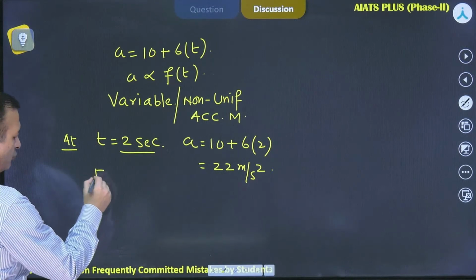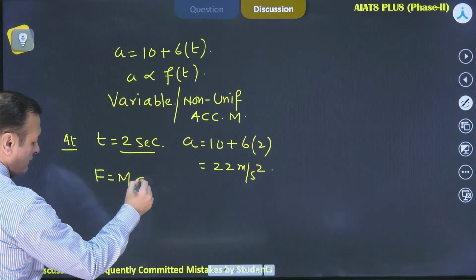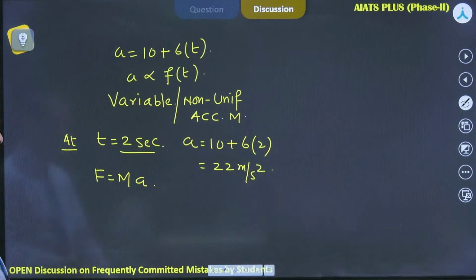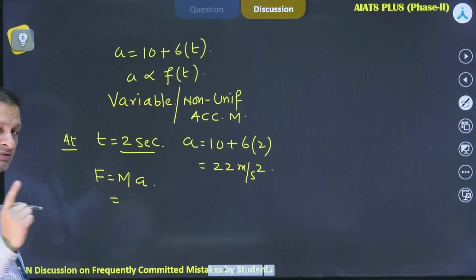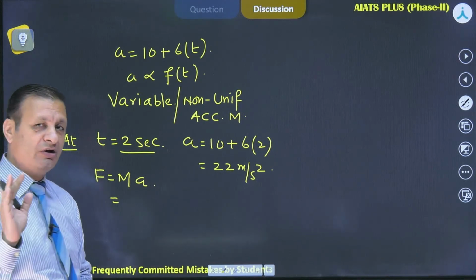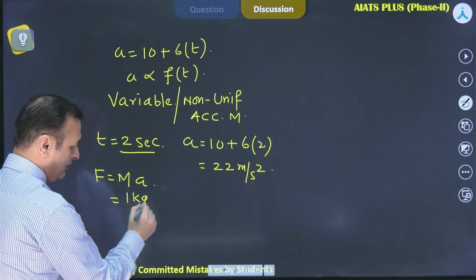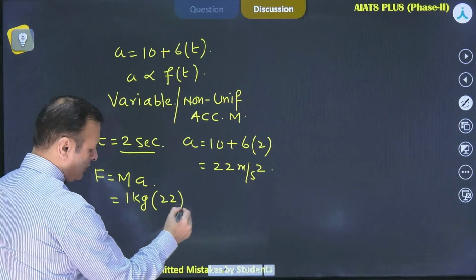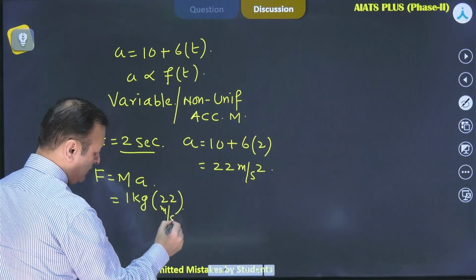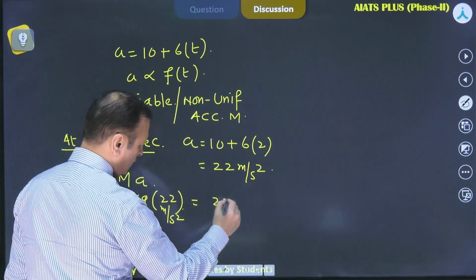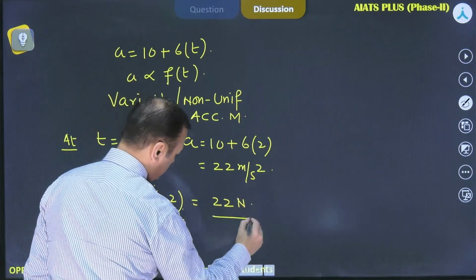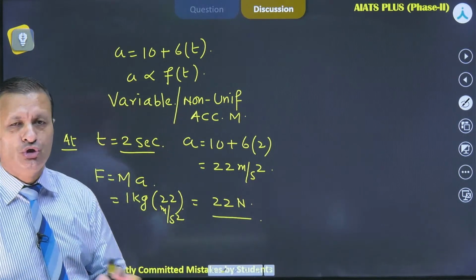And you were supposed to find out the force at 2 seconds. So force is again m into a only. It means m being 1 kg and acceleration at 2 seconds is 22 meter per second square. So that gives me the value of force as 22 newtons only.